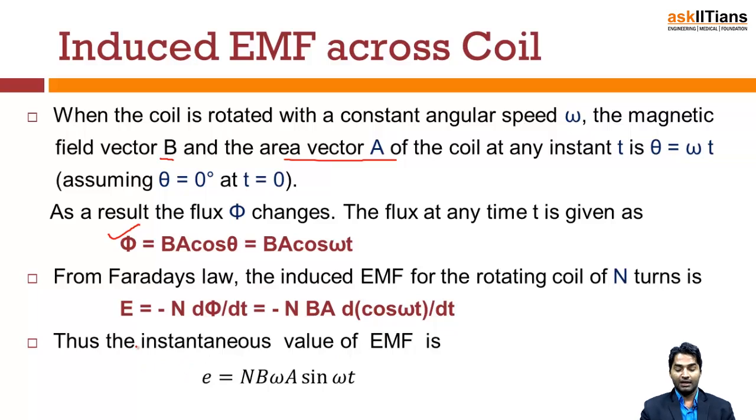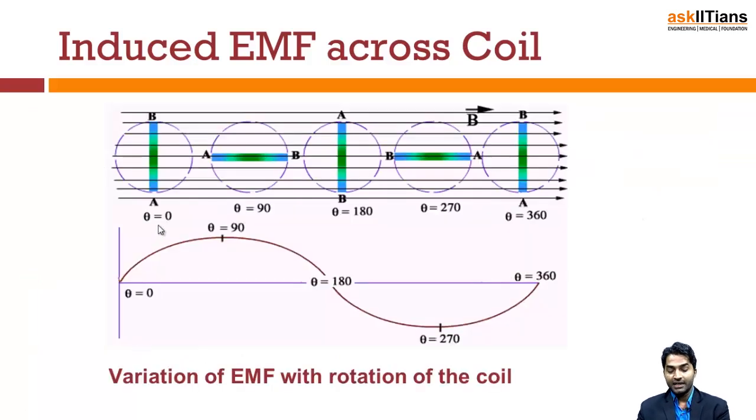Now after this we can depict the graph. This diagram 1 represents the rotation of the coil in the magnetic field. It is given here that the magnetic field acts along the x direction, and we are considering a rotating coil in that magnetic field. If the coil makes angle theta with the magnetic field, at 0 degrees cos 0 equals 1 and flux is maximum.